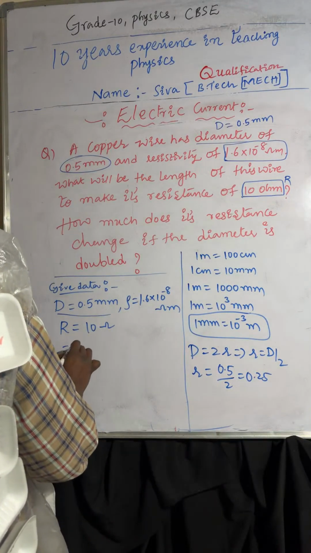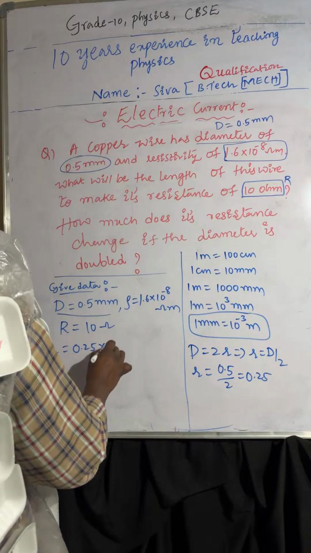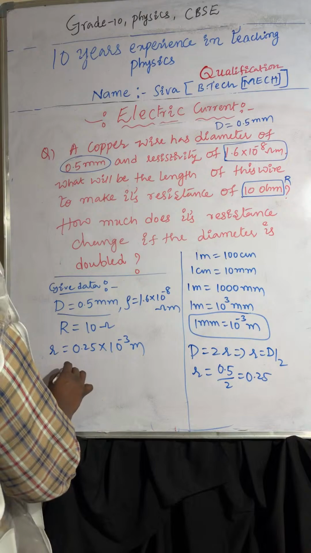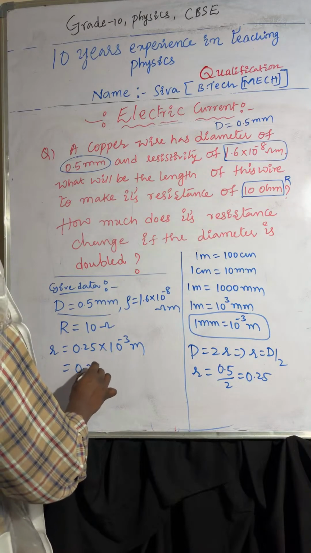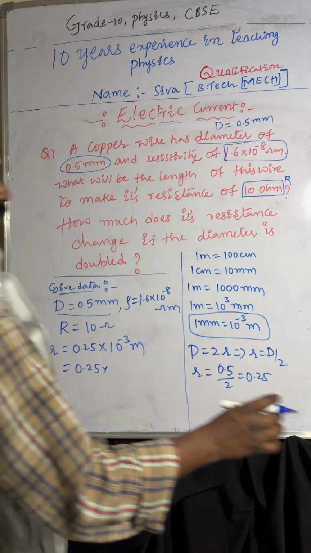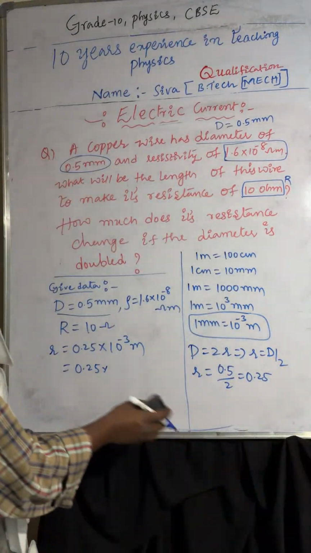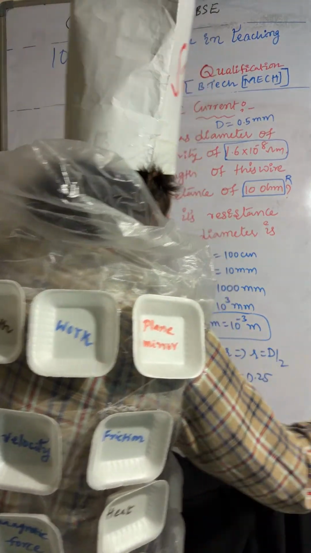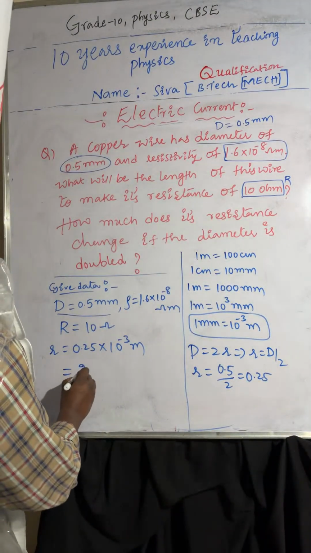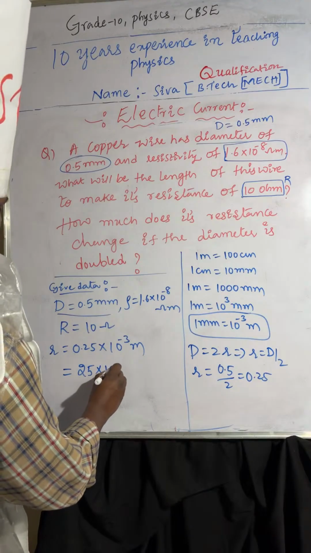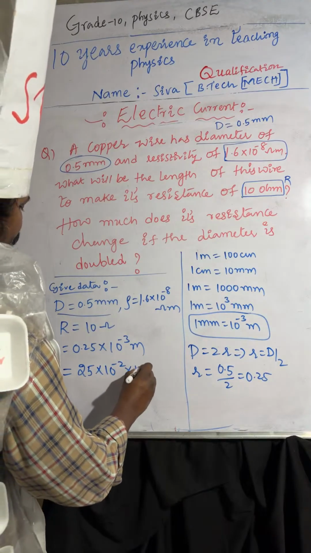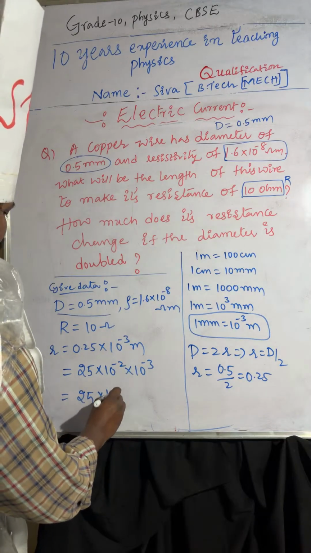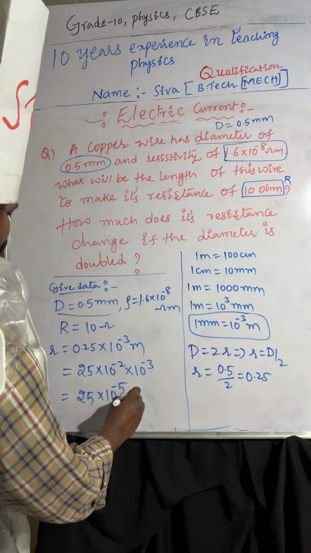Then r equal to 0.25 into 10 power minus 3 meter. So here 2 zeros, still we can write 0.25 into, so 25 into 10 power minus 3 we can write 25 into, so we can take 25 into 10 power minus 2 into 10 power minus 3, then you will get 25 into 10 power minus 5 meter.